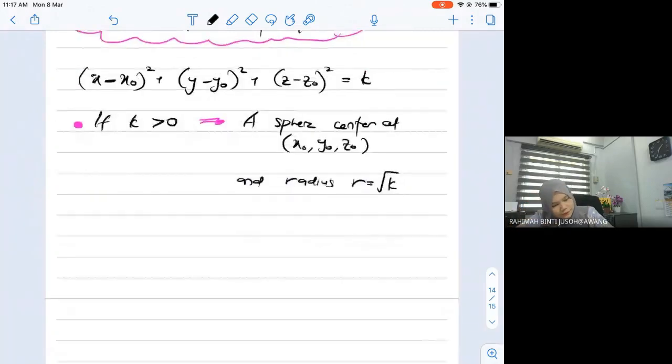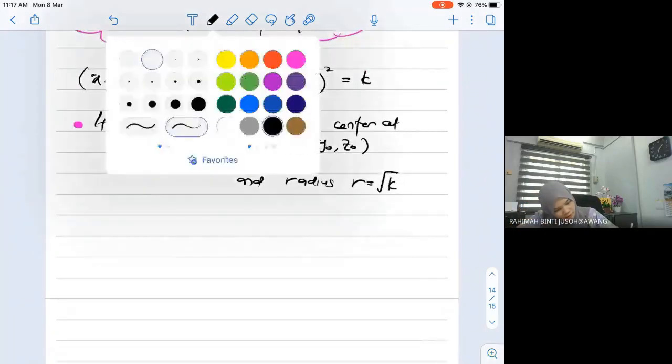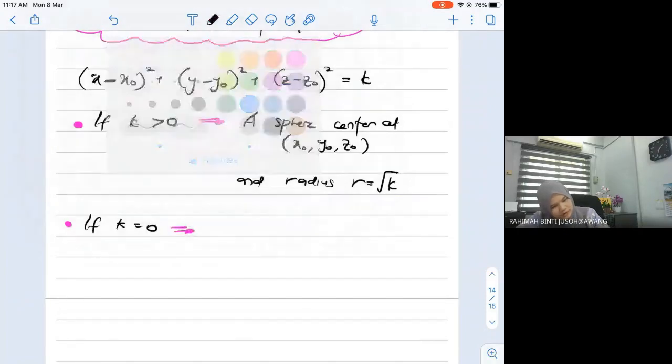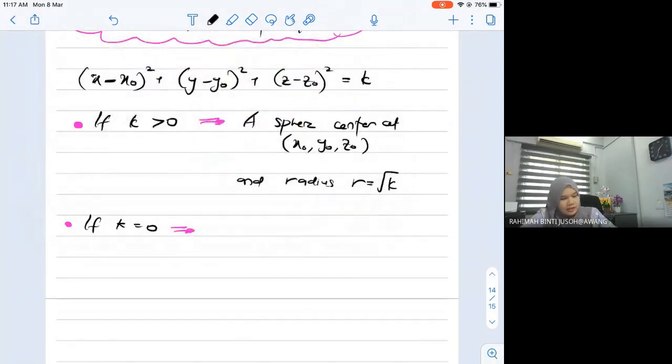Okay, itu kalau nilai k tu greater than 0, nilai k tu positif. Okay, what if k equals to 0, what happen? We will get a point. Only a point. Okay? A point of x0, y0 and z0. Dia bukan sphere. Dia radius equals to 0.